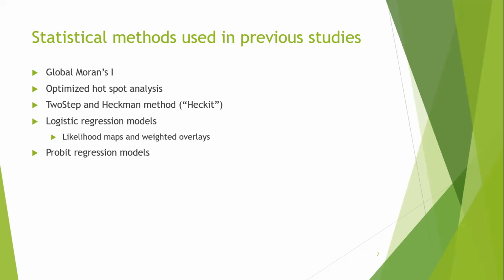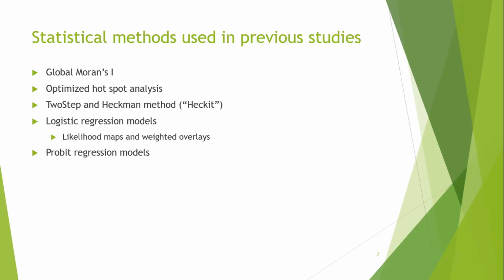The one two-step method looked at how proximity to roads, proximity to water, and elevation impacted presence of teasel. And then the second two-step method is the Heckman method, also known as Heckit. They looked at aspect and slope and found that they were statistically significant to predicting locations.